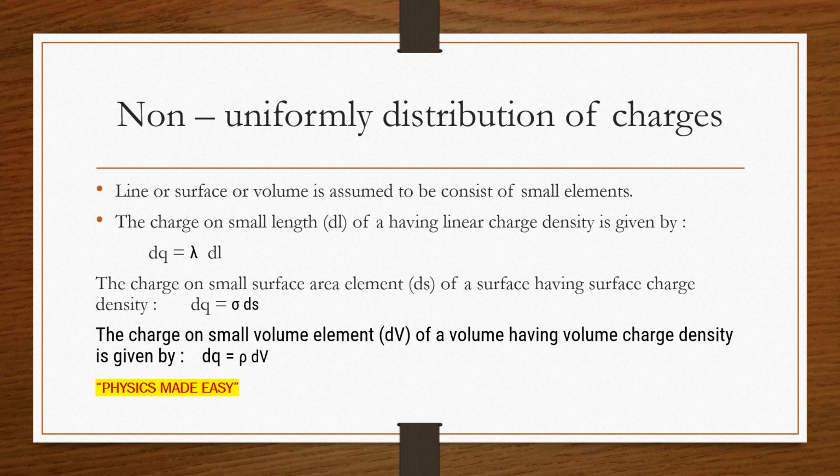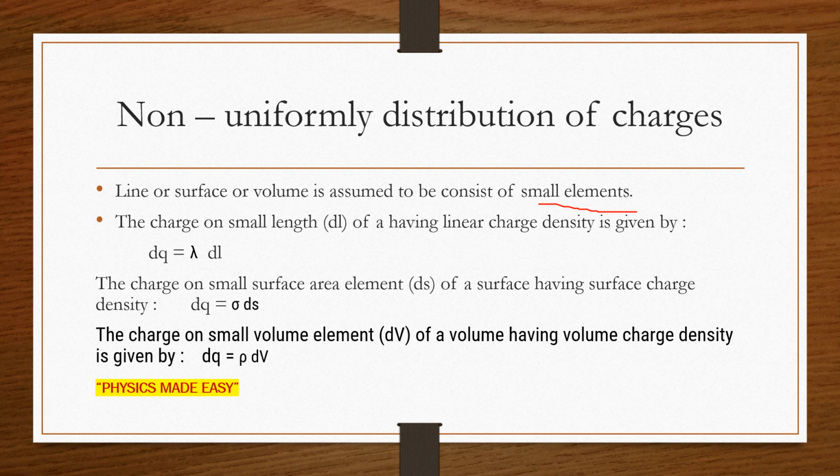Now, if the charge is non-uniformly distributed over a line, a surface or a volume, then the line, surface or volume is assumed to consist of small elements.